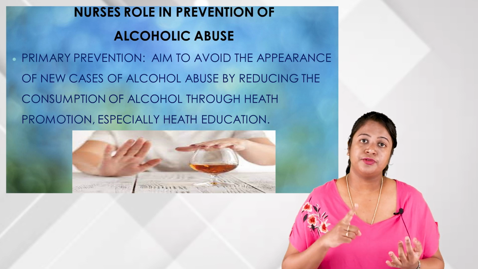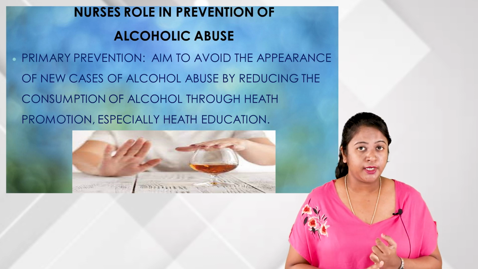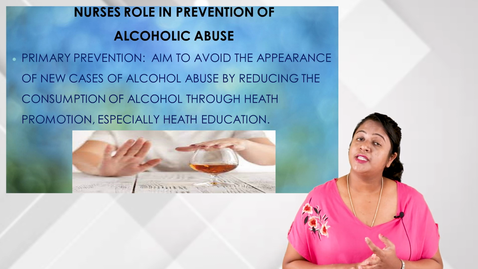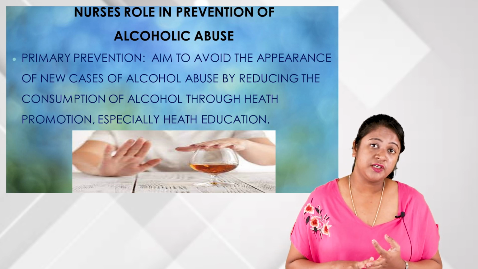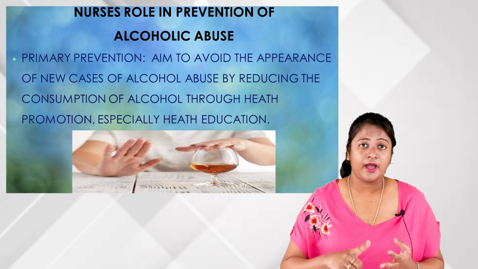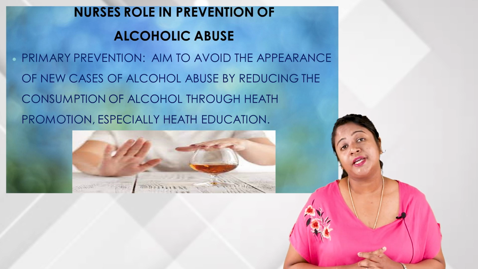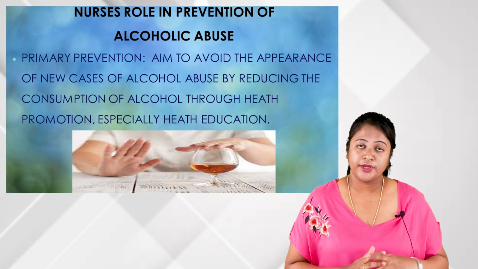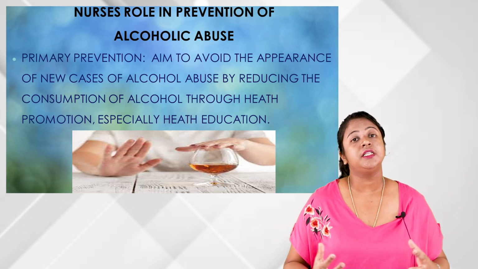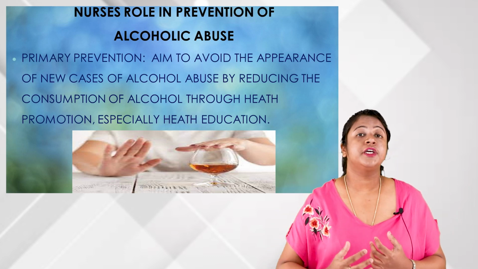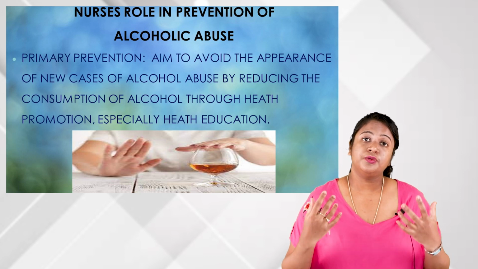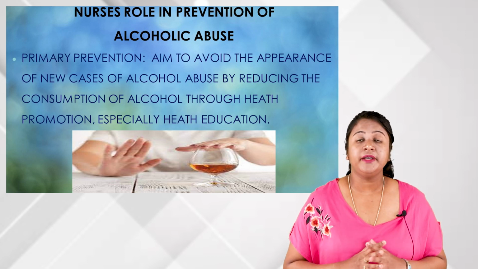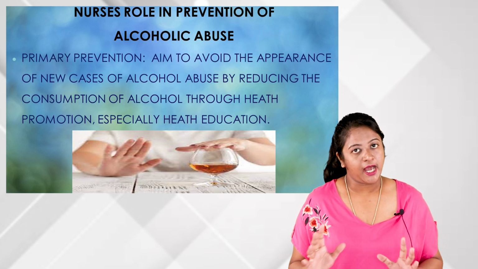You as a nurse should work with the community and educate the community on health promotive measures for reducing the consumption of alcohol, which eventually reduces the number of new cases of alcohol addiction, right? So that is the first thing that you're going to do in the primary prevention: the mass health education and health promotive measures that you educate the public about, and also prevent the consumption of alcohol.